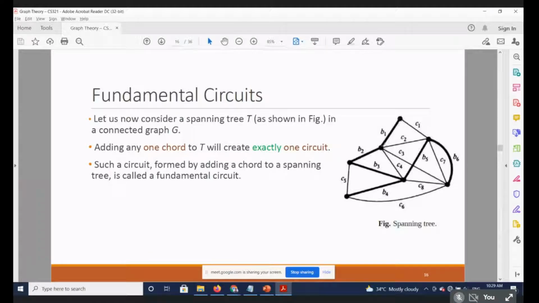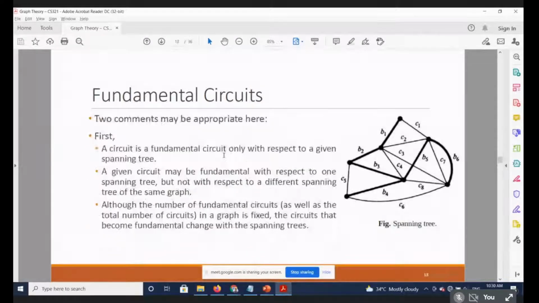Also, C1, B1, C2 becomes the third circuit. But that third circuit is not a fundamental circuit. So we can add just C1 or C2, we can't add both. If we add both, it doesn't become a fundamental circuit. That's the overall property, right?